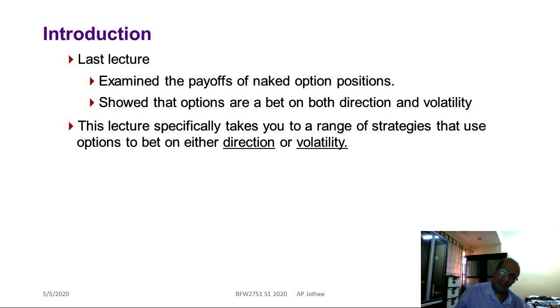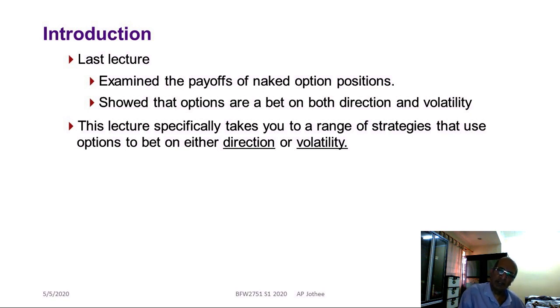What do you mean by volatility? It is the uncertainty of how much the swing of the price can be in either direction, positive or negative. That's why we take the standard deviation of the underlying asset's prices as the measure of volatility.